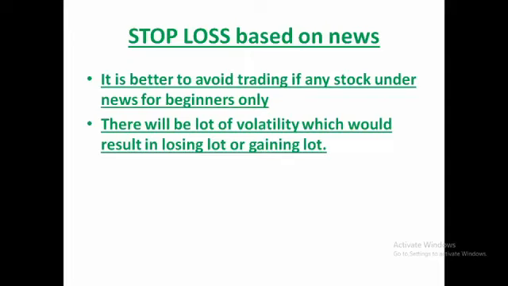In that case, what happens? By the time this order got placed, someone would have sold, right? So sell pressure started and it would come down suddenly because of a lot of sell pressure. So there is a chance of a big loss, or a huge loss. That is why it's better to avoid news-based stocks.